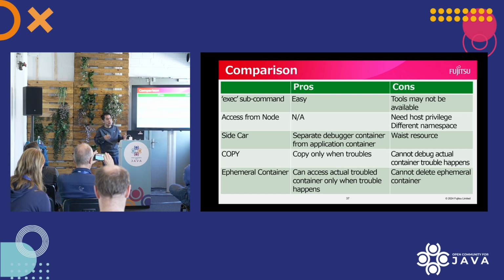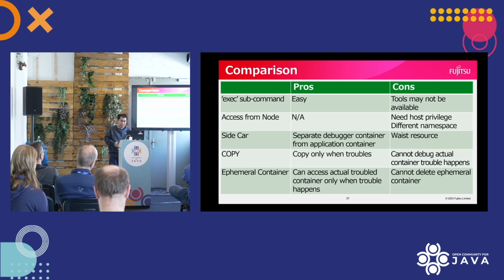Okay, I showed some troubleshooting methods with smaller size images, starting with the exec subcommand. It is easy to use, but actually it cannot be used with a smaller size image. And the last one is ephemeral container. It looks good, and it seems to be the perfect solution, but it also has drawbacks.